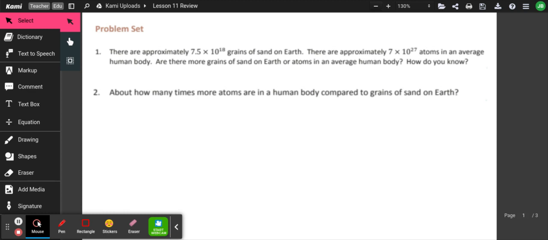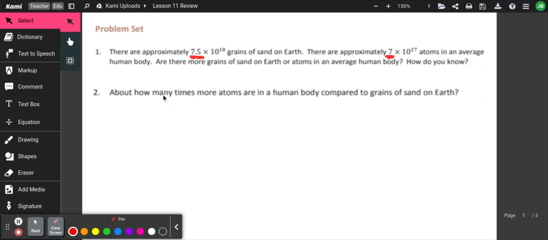So the first thing we have to look at here is what are we actually looking for, right? When we're comparing, we want to know just how many more there are. So for the grains of sand, we're looking at this front number usually, and for the human body, we would be looking at this number.